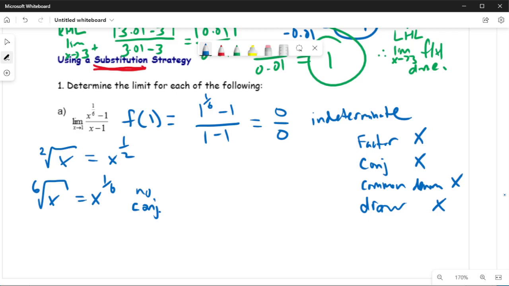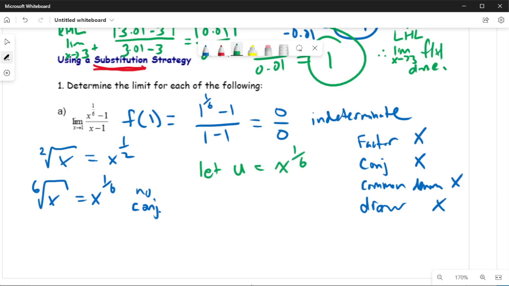So at this point, what you do is you introduce a new variable. For example, this question would be a lot easier if x to the 1/6 weren't there. So I'm going to say let u equal x to the power of 1/6.